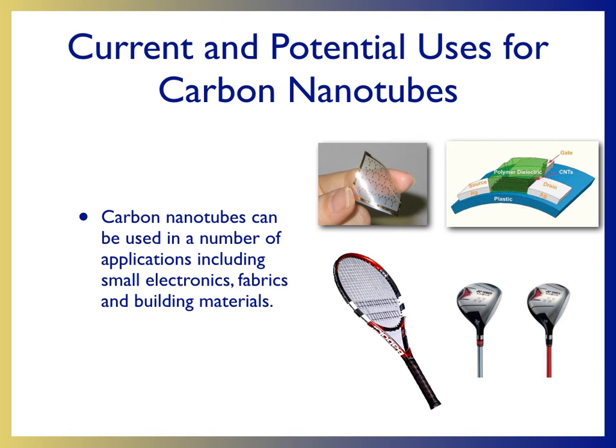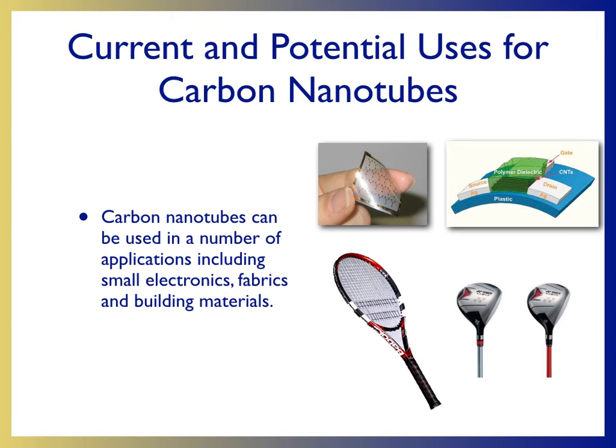Here are some current applications for carbon nanotubes. Carbon nanotubes, besides being electrical conductors, are very much known for their strength. For example, if you would like to make a transistor that is flexible, so it will not lose its integrity and usefulness if it's bent, carbon nanotubes are a good way to have these properties.